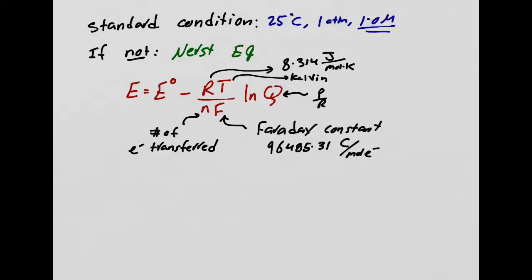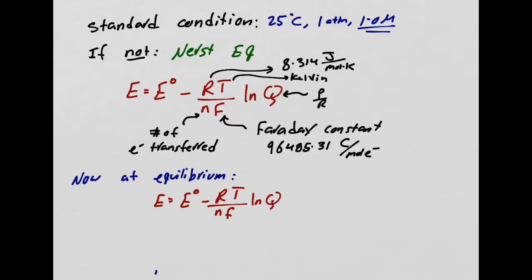Okay. Now, if we are at equilibrium, what do you think is going to happen? Remember, we had the Nernst equation: E cell equals the E cell at standard that you knew, minus RT over NF ln of Q, and Q matters because concentration is changing.